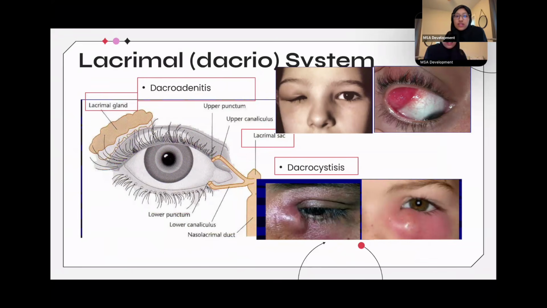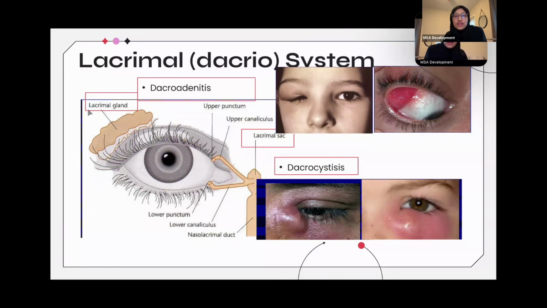Ultimately it goes to the inner side of the eye, into the canaliculi and ducts, which will go into the lacrimal sac, which will go down to your nose. That's why someone who is tearing or crying will have a runny nose as well, because all those tears drain ultimately into the lacrimal sac and the nasolacrimal duct. So it goes ultimately into the nose.